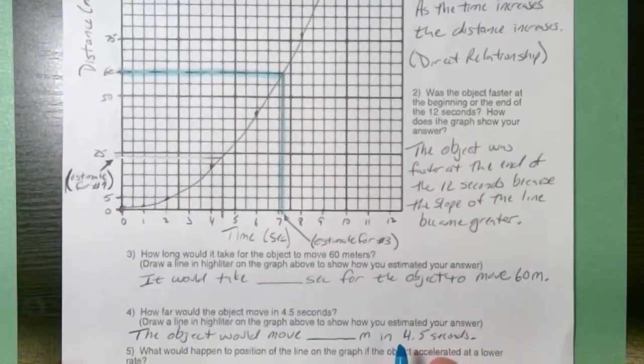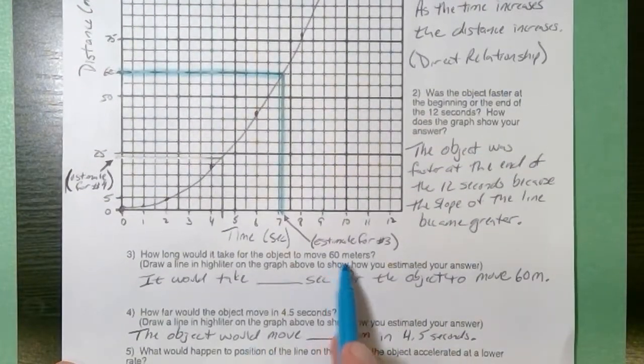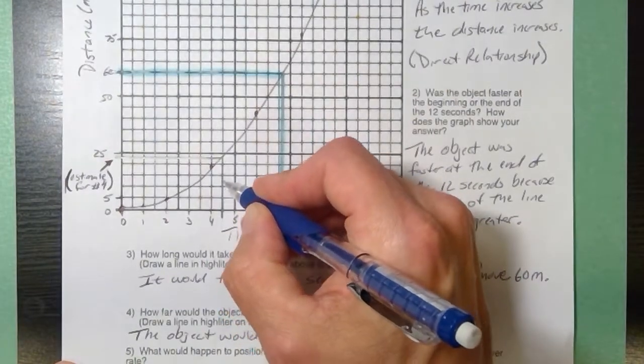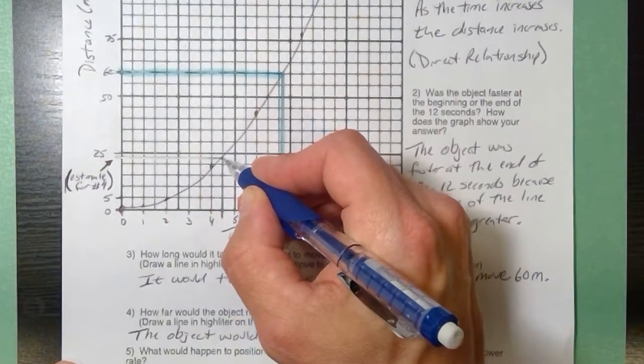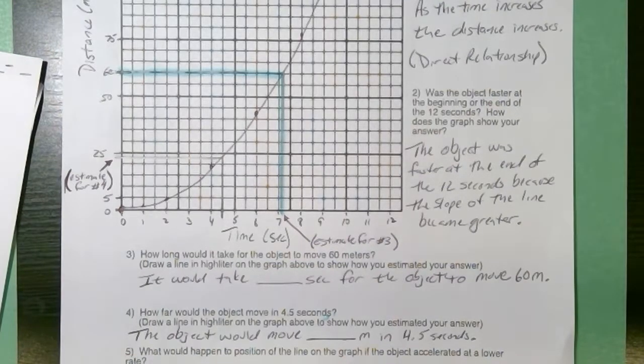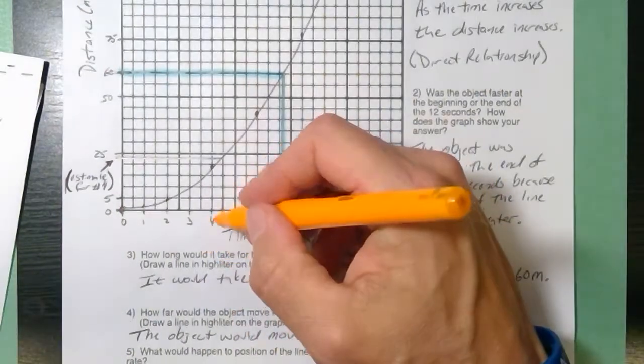All right. Now, for 4, same idea. This time, instead of giving you 60 meters, the distance, they're giving you a time, 4.5 seconds. So in pencil, I went up from 4.5 until it intersects my line, and then I read across. Once again, that line is in between labeled lines. So I'm going to read up.